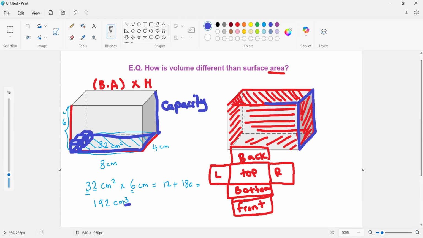You have to find the area of each side of a prism and then add them all to find the surface area. How much surface is being covered on the outside of a 3D object.